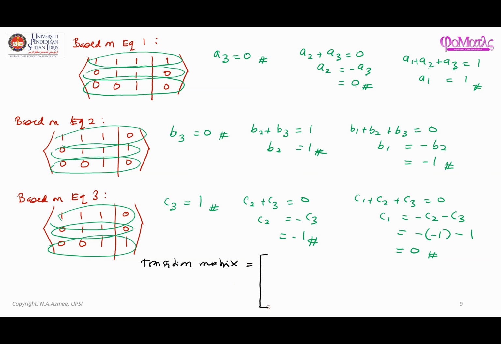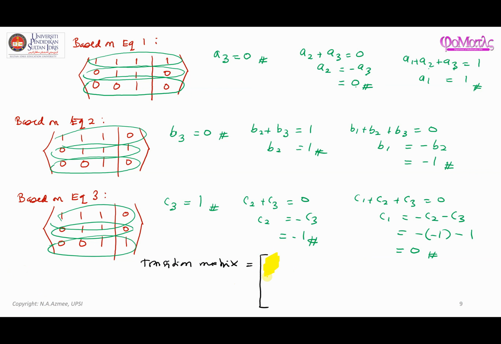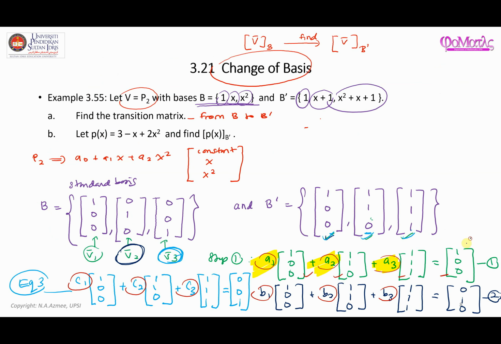Okay, so based on what we have here, remember we are interested to find a1, a2 and a3, so we've got that. In that particular order, they are going to be in this first column here. So the result here is going to be 1, 0, 0. So that is related to this vector. So here is the old vector, the first old vector, vector 1 here.